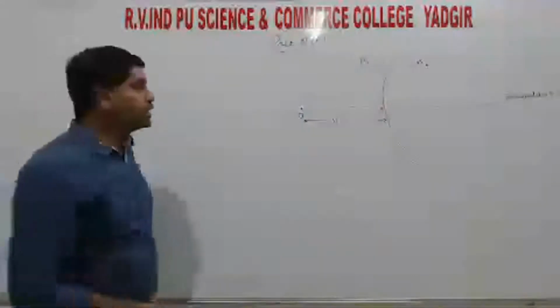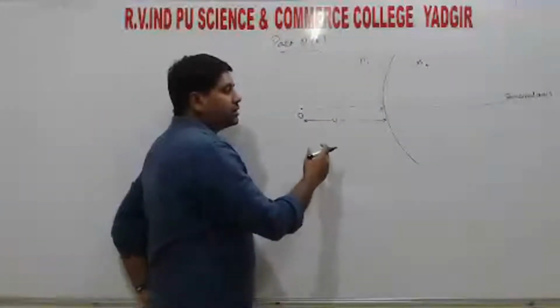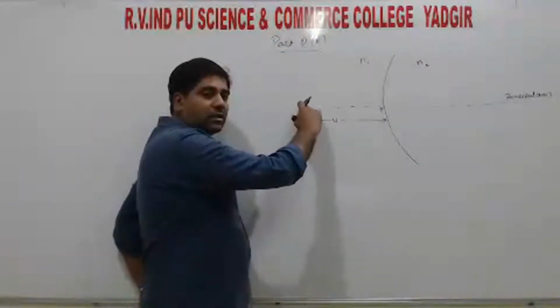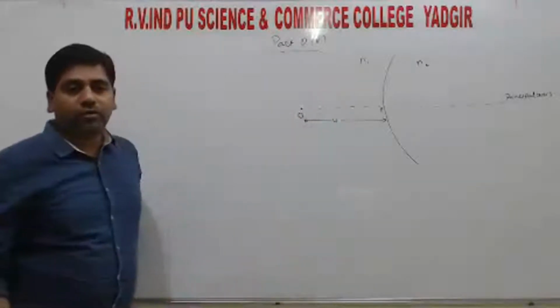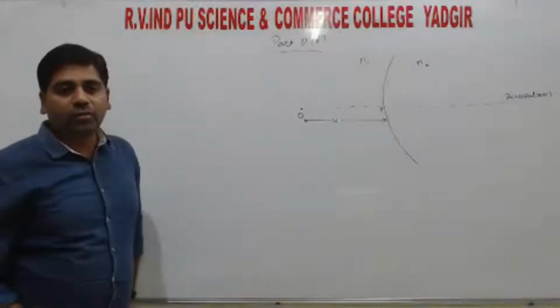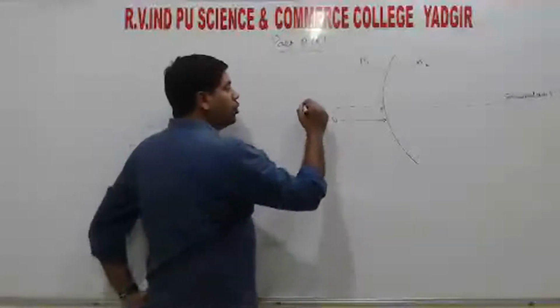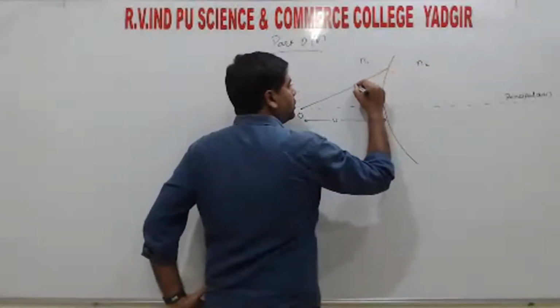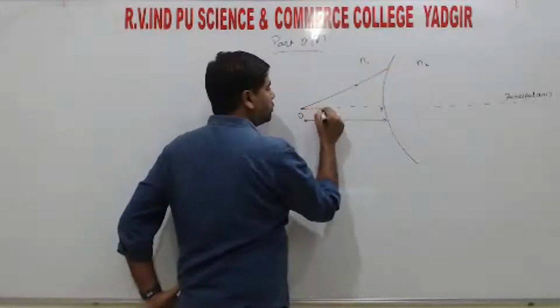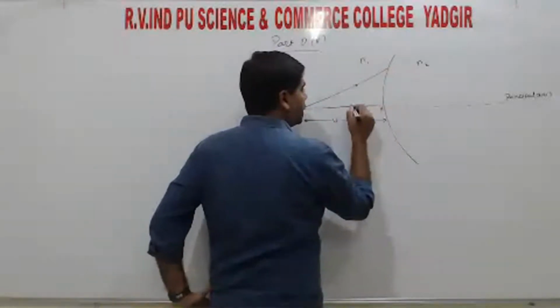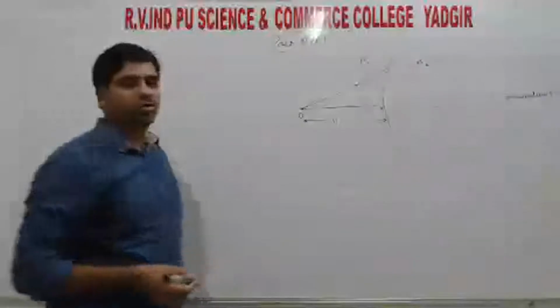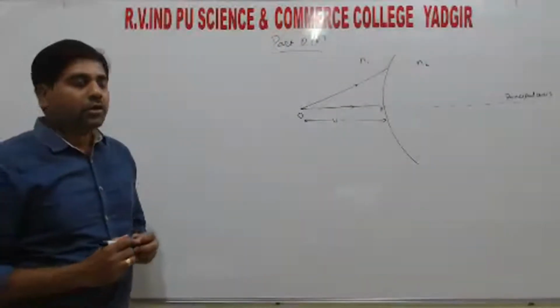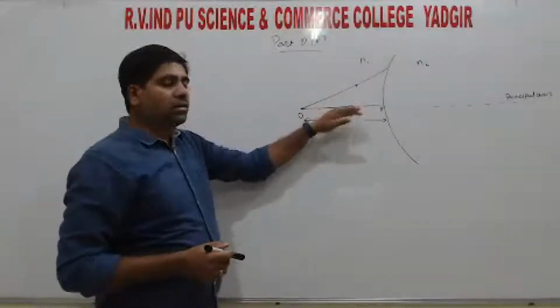So next we need to consider the rays. Here we are going to use the ray diagram, so we consider two rays: one like this and another one along the principal axis. These two rays are the incident rays.